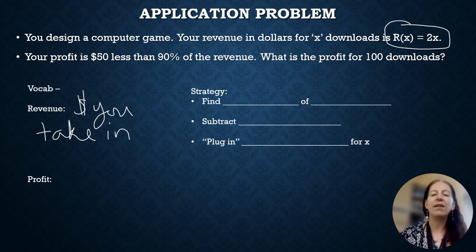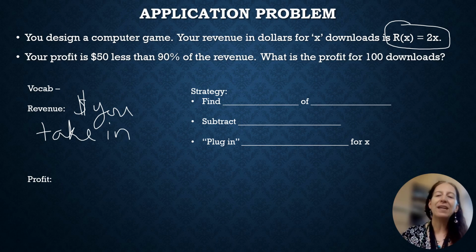If you've got a problem with multiple equations in it, you can give them a name. So R just means revenue. And revenue is 2 times X. What that means is that you're charging $2 for people to download your game. So for every game you download, you are going to take in $2.